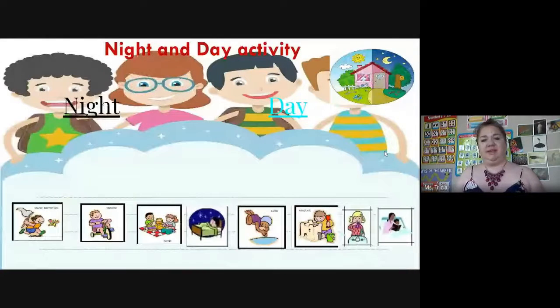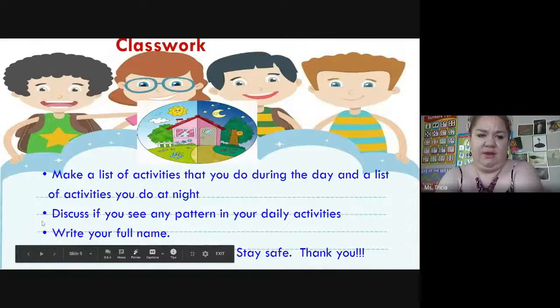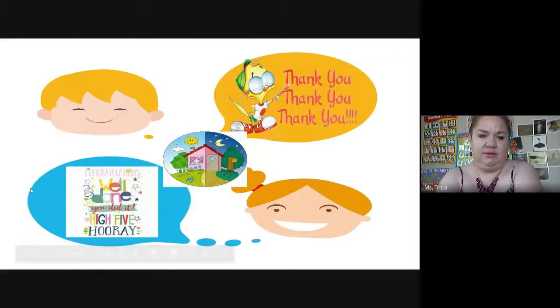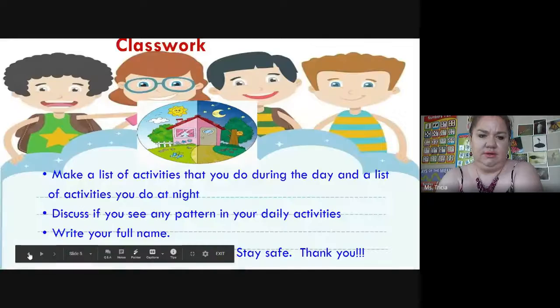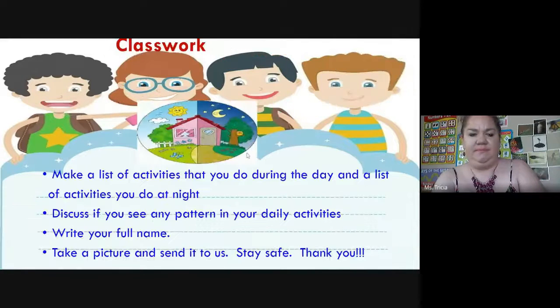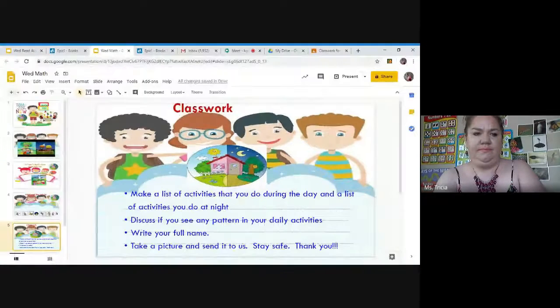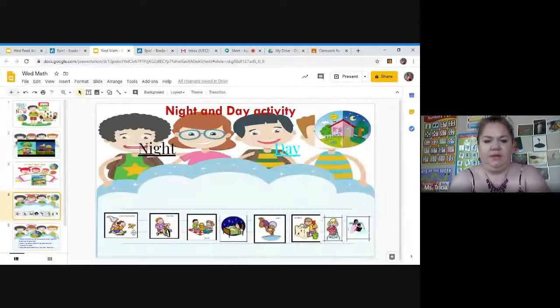So here is a night and day activity. Do we catch butterflies in the day or the night? We catch butterflies in the day.